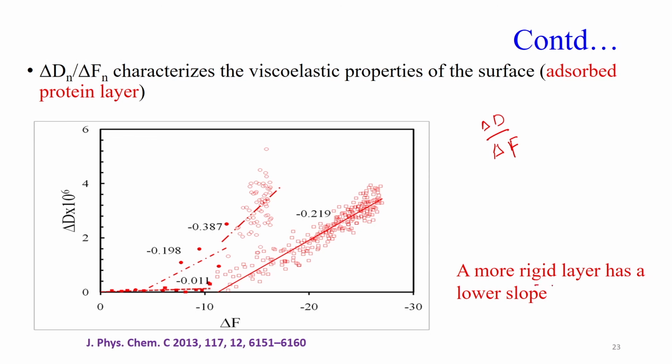If it is a rigid layer, it is going to have a lower slope. So here, you can say this one is the soft layer and the lower one is the rigid layer. So, if you simply plot delta D and delta F, based on the slope we can comment on the viscoelastic property of the adsorbed layer.